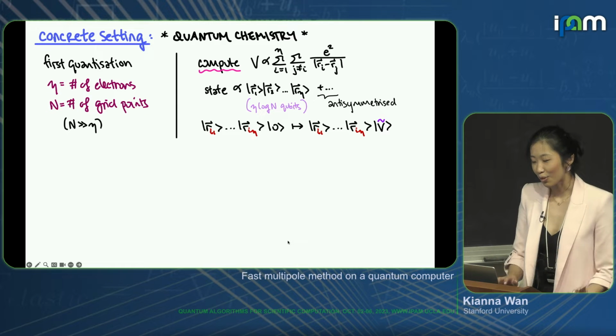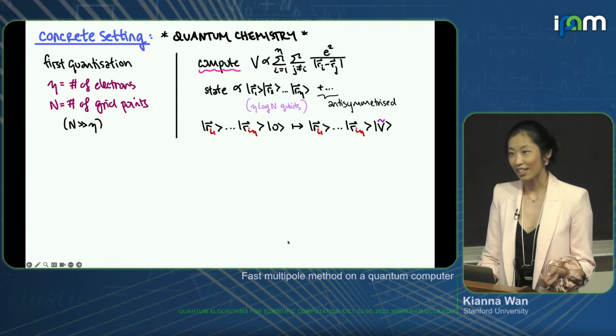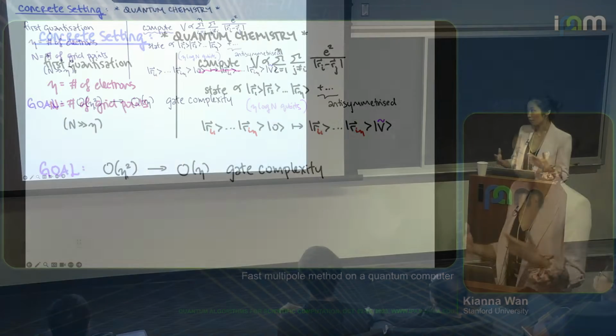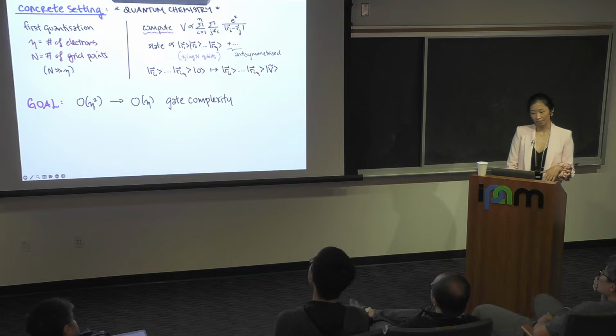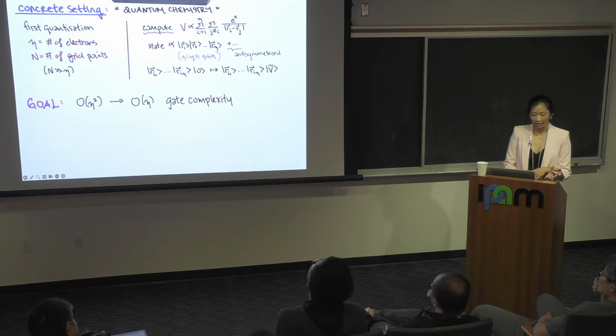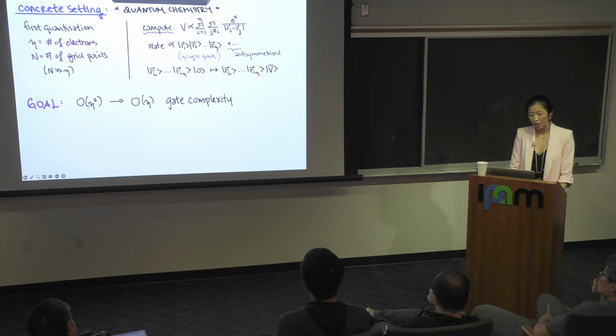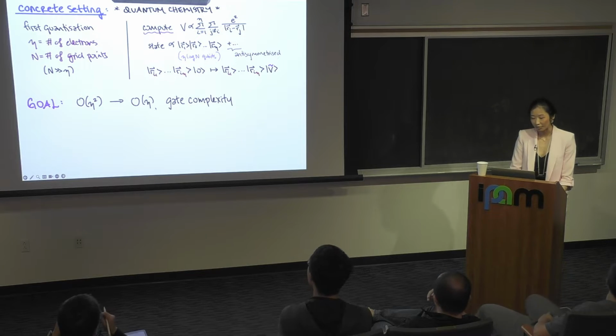Okay. So what's the motivation for all this? Well, like I said, direct computation of the Coulomb potential energy has order eta squared cost, since we need to consider all pairs of particles. The fast multipole method reduces this to linear in eta.